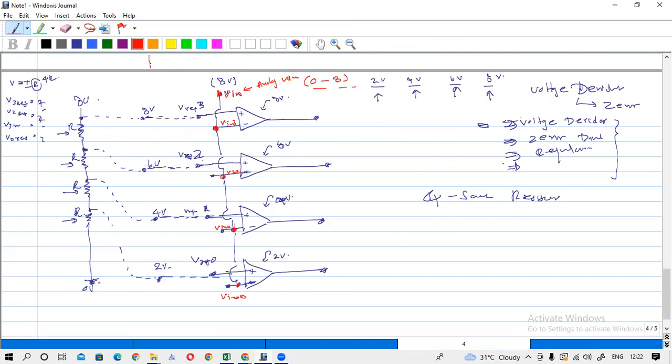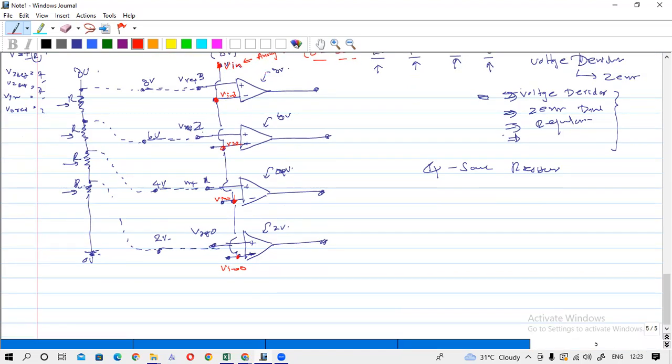Let's say your input signal V in is like this, an analog signal like this. This is 8 and this is 0, this is the voltage level, and this is time.